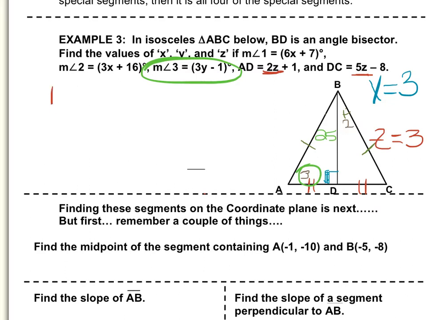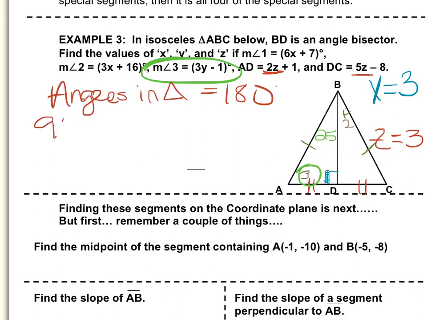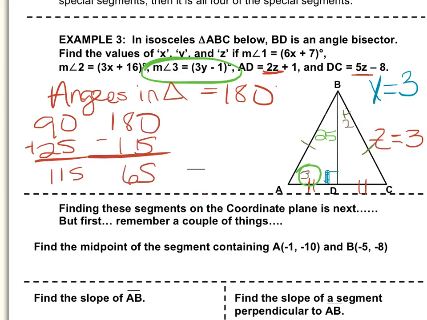So I know the angles in a triangle equal 180 degrees. So I know that 90 plus 25 is going to give me 115. So I know 180 minus 115 gives me 65. 65 degrees is the measure of angle 3.